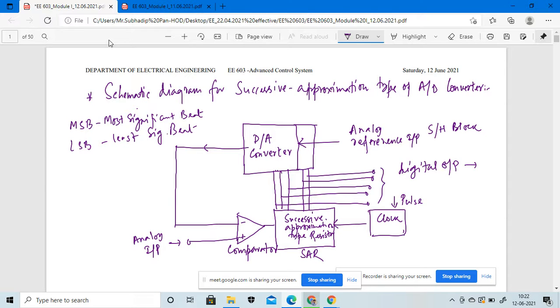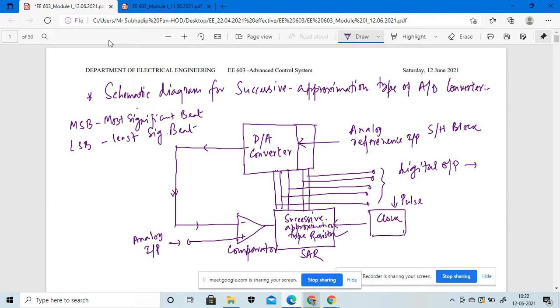Whatever analog input comes through the comparator and the D2A converter, there will be two different signals across this comparator. So what will be the function of this SAR? It will compare the input to the output using a comparator.